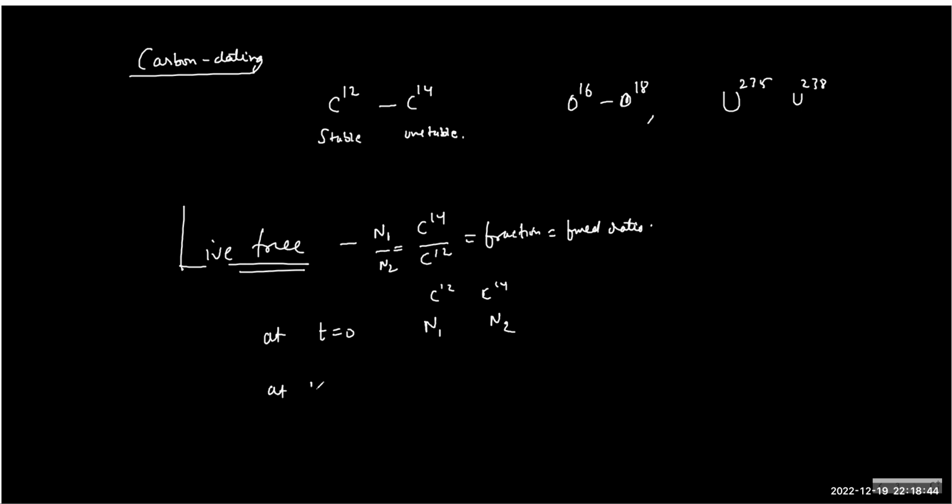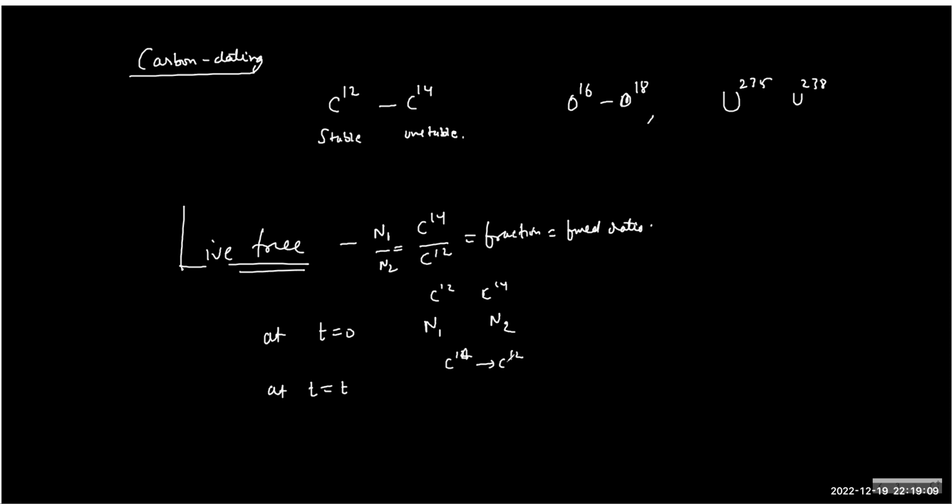After some time t, what will happen? Some reaction will occur, because once the tree dies, the process that maintains the ratio also dies. You won't be able to maintain the ratio. After that, C14 will start decaying into C12.